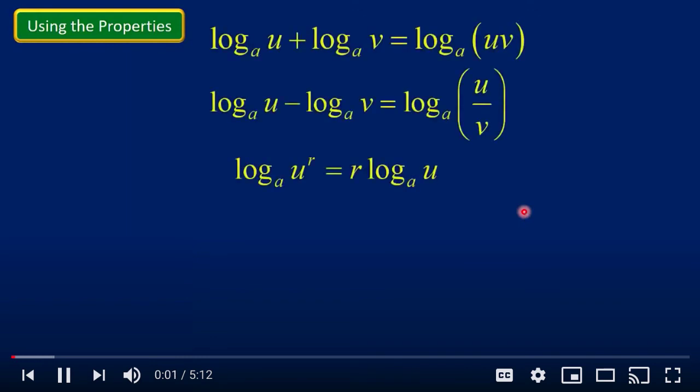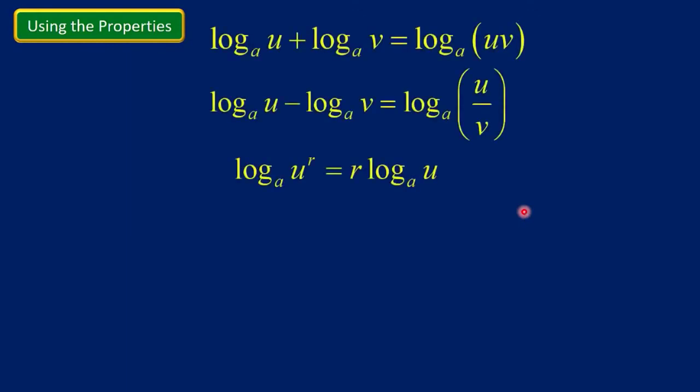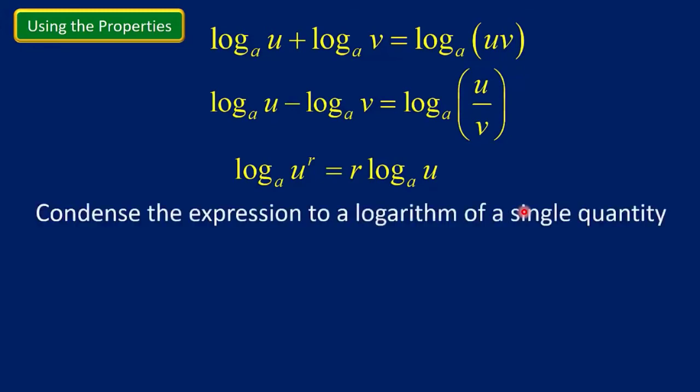Okay, so we've got these properties of logs. And I want to go through a few logarithmic expressions so that we can see how these properties can be used. So let's suppose that we have an expression like this. And we want to condense this expression using these properties to a log of a single quantity.